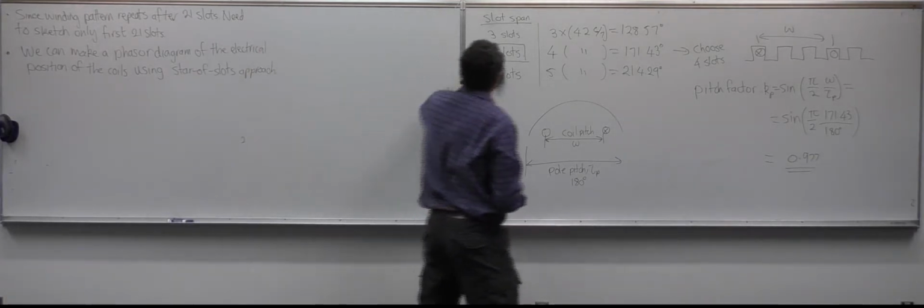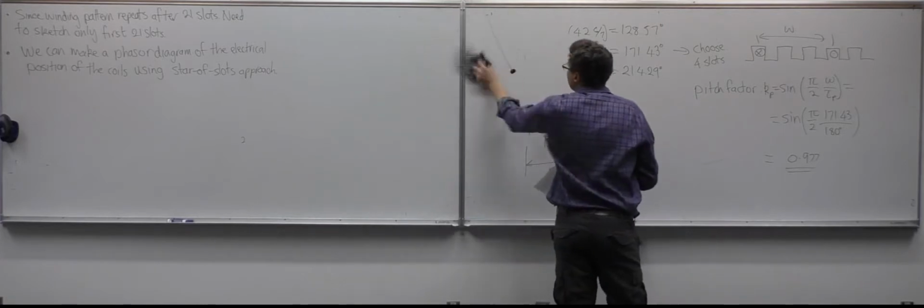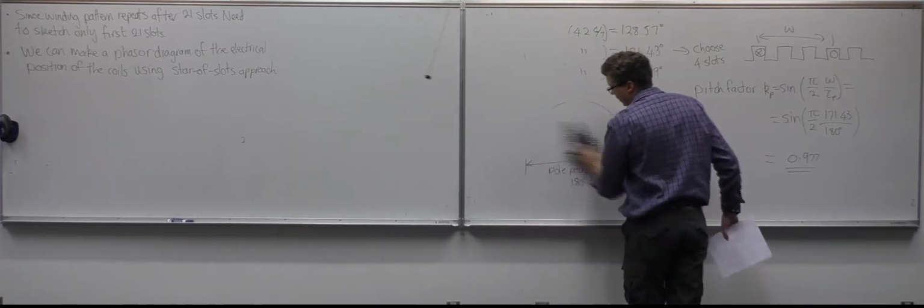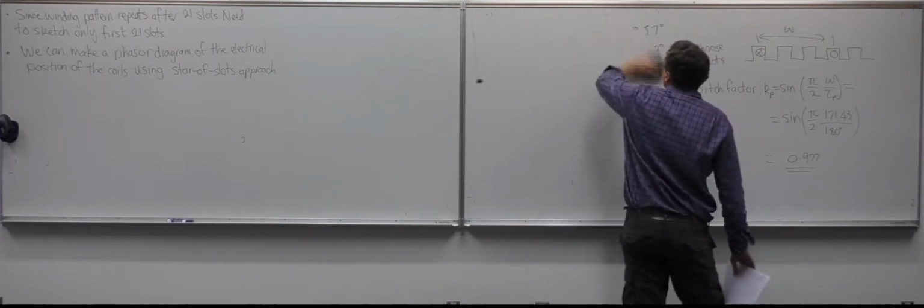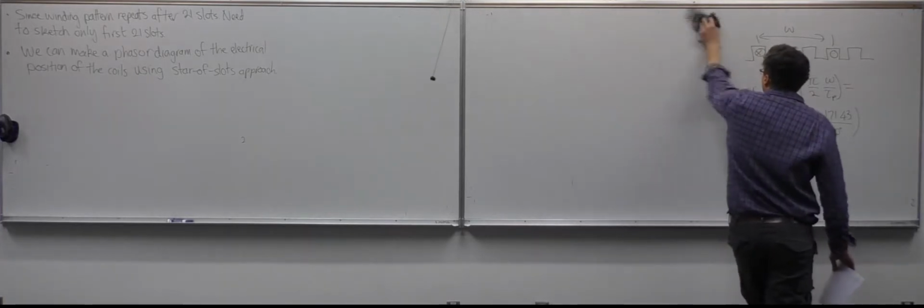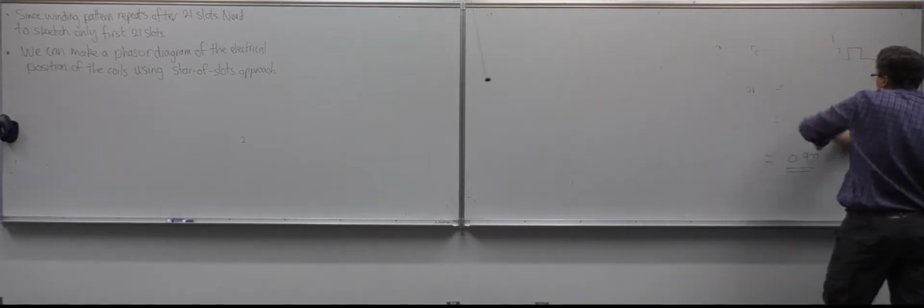Okay, so I just want to explain physically how you can think of what the star of slots are, because it seems a little bit odd when you first see it.